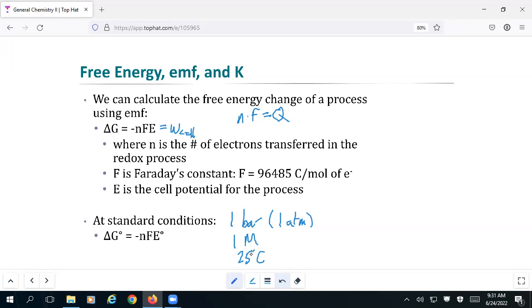We just get to call it standard free energy change and standard cell potential. But the calculation process would be exactly the same. In fact, everything would be exactly the same except for the value of E versus E naught. This value of E naught, the standard conditions, we can get using the reduction potential tables. This value of non-standard E, we would have to measure experimentally. But it gives us that option.